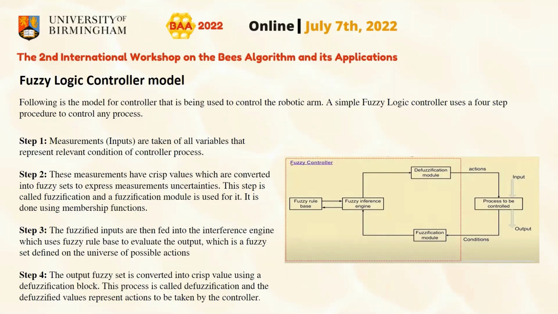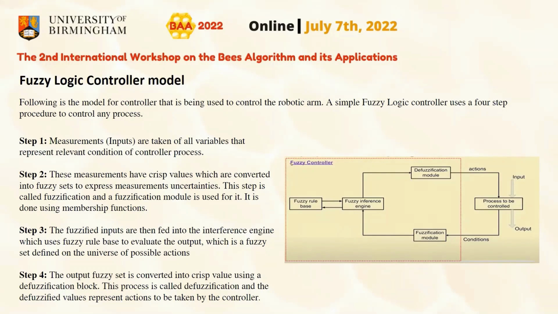After feeding them to the fuzzy logic controller, there will be a fuzzification module which will take these crisp values and convert them into fuzzy sets using the membership functions that I have already shown. Both the membership functions will be used to convert these crisp values into fuzzy sets.